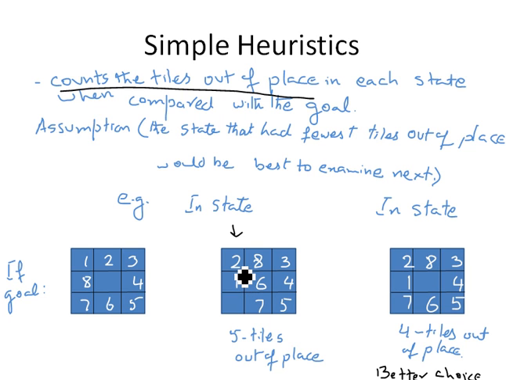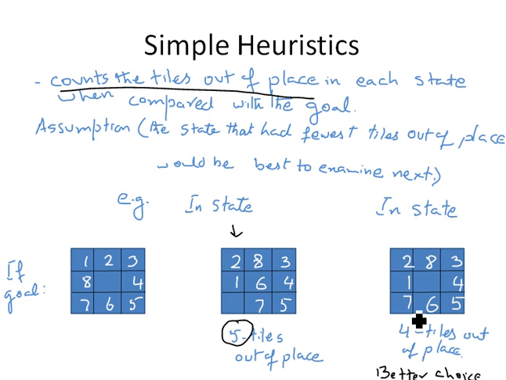Comparing with the goal state, 1, 2 is out of place, 2, 6 is out of place, 3, and 7 is out of place, 4, and 1 is out of place, 5. So we got 5 tiles which are out of place.